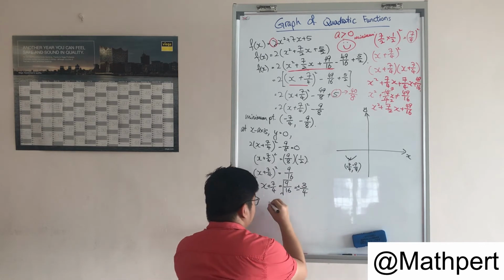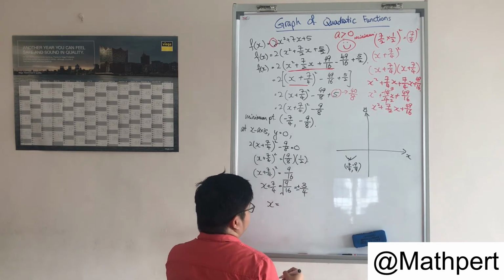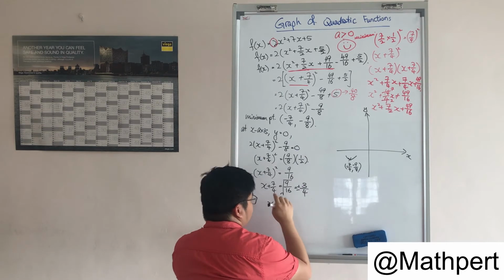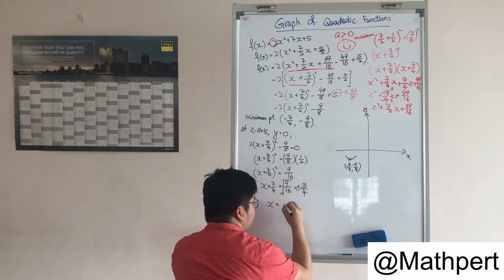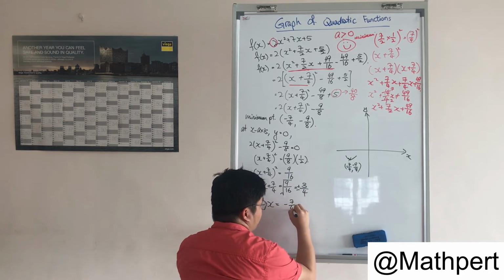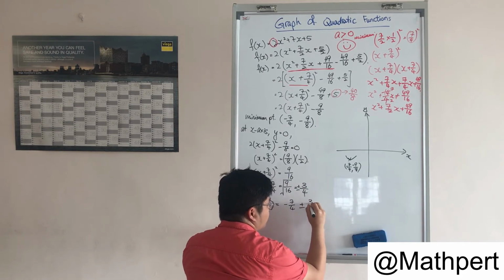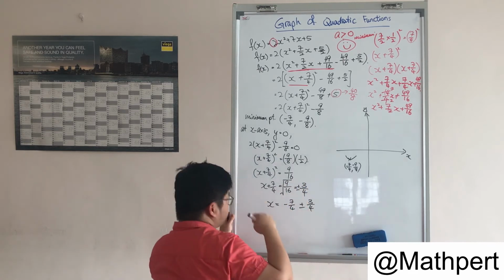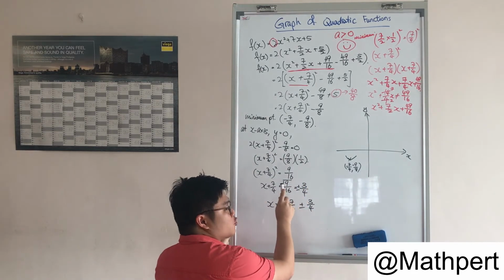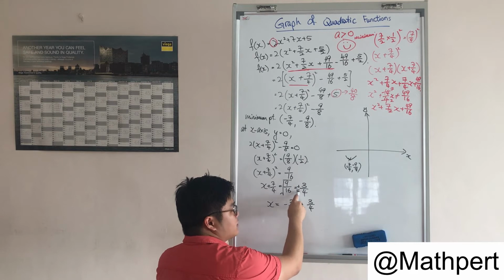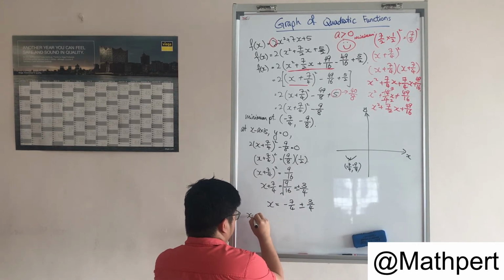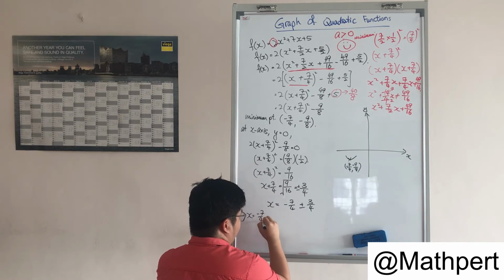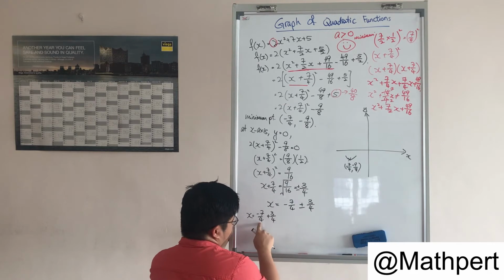Then x is equal to, moving plus 7 over 4 to the other side, it becomes minus: minus 7 over 4 plus or minus 3 over 4. Whenever we take the square root, the answer is plus or minus. So x is equal to minus 7 over 4 plus 3 over 4. How much do you get for this one?